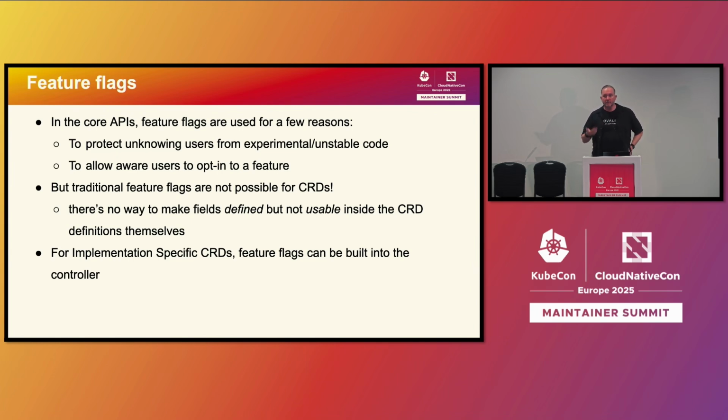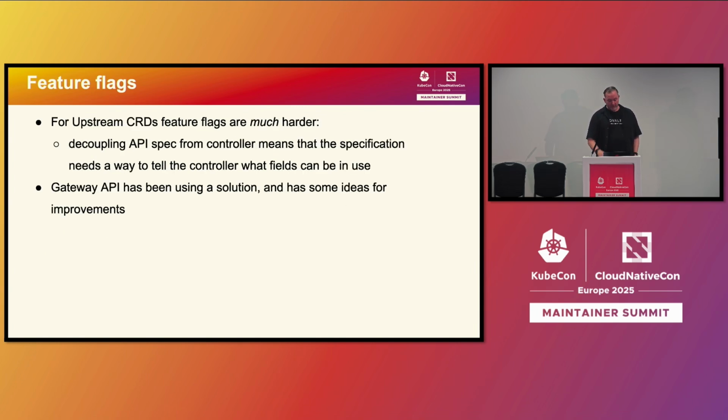And so that makes it safe. But for upstream CRDs, it's much harder to do a feature flag because you're decoupling the API spec from the controller implementation. The specification needs a way to tell controllers which fields are experimental or which fields can be in use, and you don't have a way to do that.